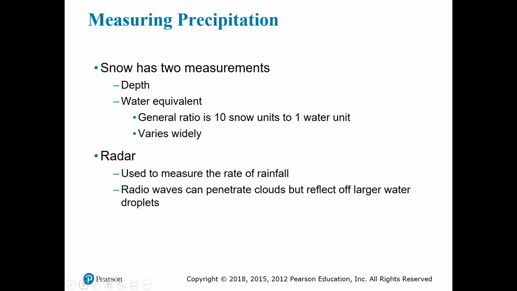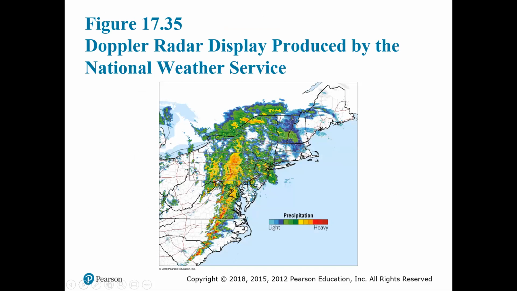And then we have radar, and radar is used by the National Weather Service to produce these maps that we're all familiar with. These radar units send out radio waves, and they penetrate clouds that are composed of small droplets, but then they're reflected by either hail or ice crystals or larger raindrops.